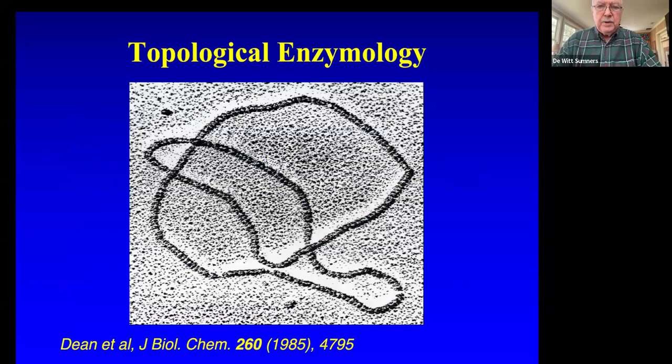So the next picture is a picture of knotted plasmid DNA. It's an electron micrograph, taken in the Cozzarelli lab in about 1985. It was, in fact, this electron micrograph, this picture of knotted DNA, that got me very interested in applications of knot theory in biology. It turns out that this knotted DNA is telling you about the enzyme that made it.